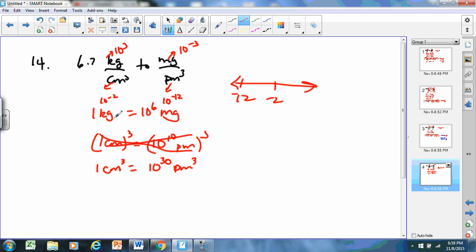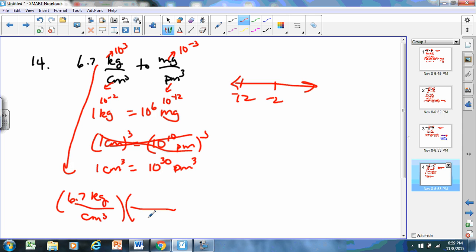So this is the conversion factor for the top, and this is the conversion factor for the bottom. So then we rewrite the problem, 6.7 kilograms per cubic centimeter, and then kilograms is on the top, so the 1 kilogram has to go down, 10 to the 6th milligrams has to go up. And then because cubic centimeters is on the bottom, 1 cubic centimeter goes up.